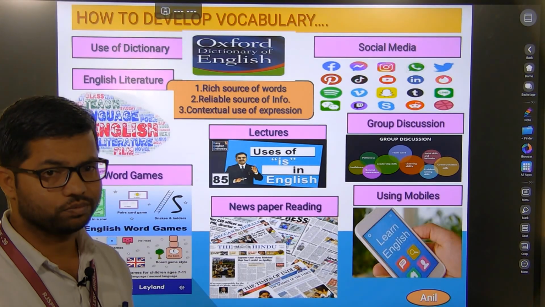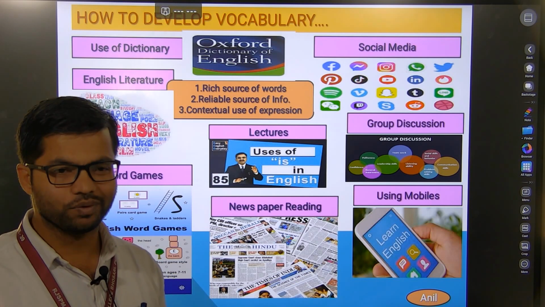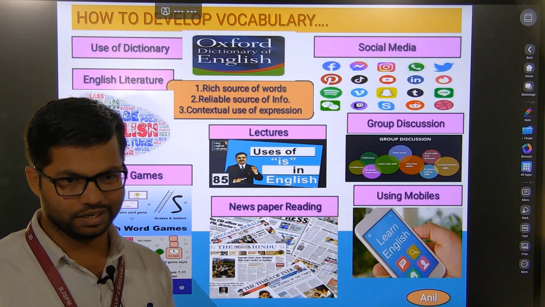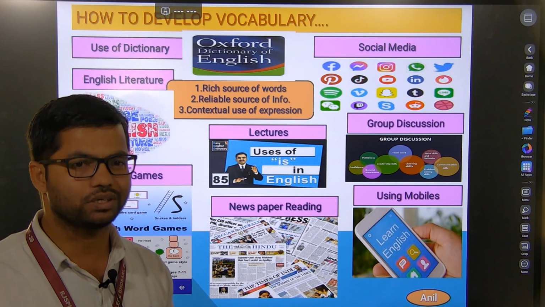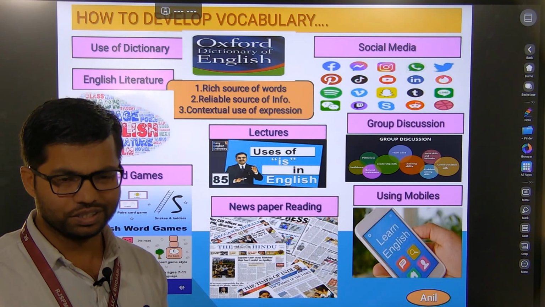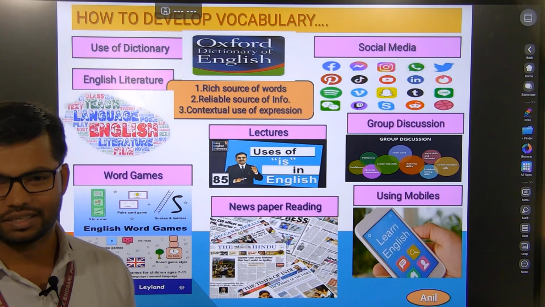How to develop vocabulary? People say that remembering words and their meanings is very difficult. But I must say that if you connect it, if you try to use it in your day-to-day routines, it is not difficult at all. So, the first, as I already mentioned, is the use of dictionaries. There are so many dictionaries in the market.